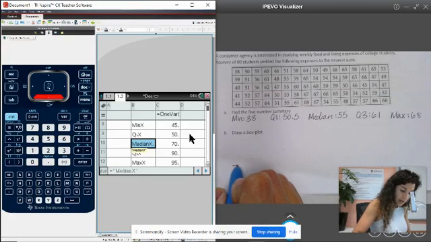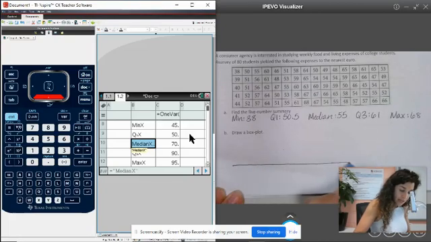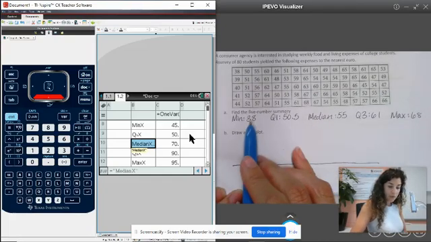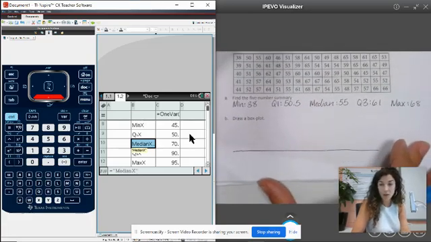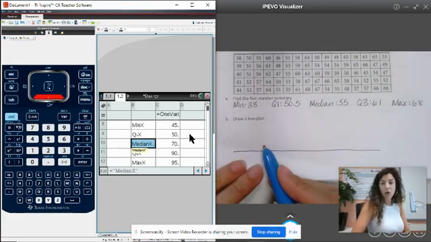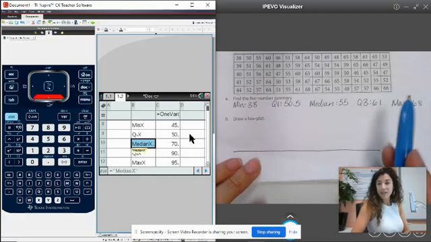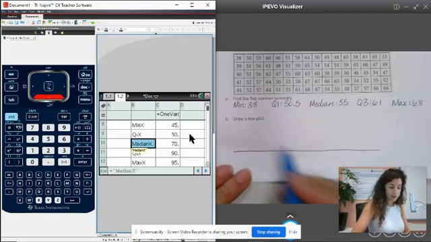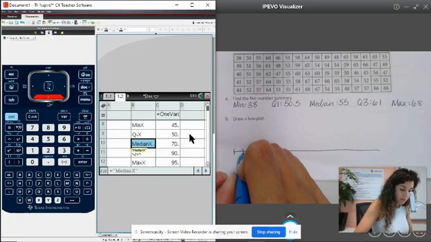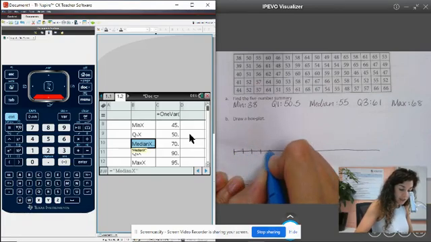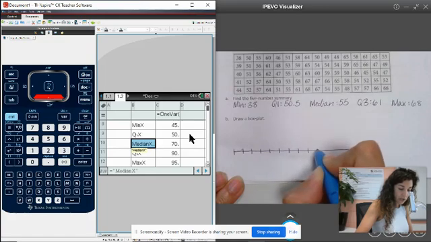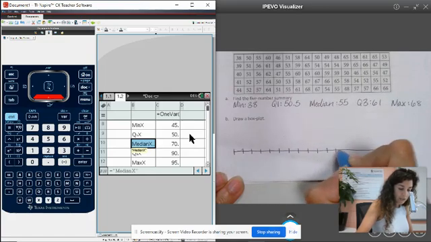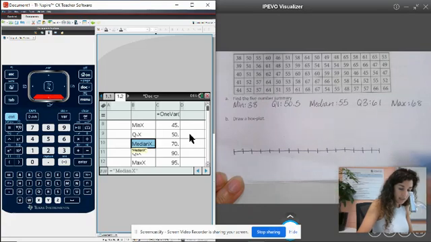So first we need to build our x-axis and have some sort of scale. We go from 38 to 68, which is a measurement of 30, right? It's a range of 30. So I'm going to go from 30 to 70 to try and incorporate all of those numbers. I'm just going to start doing a distance apart and then see how I need to break it down. So there's really no rhyme or reason to the distance that I chose. I just chose a distance and then now I'm trying to copy that distance.